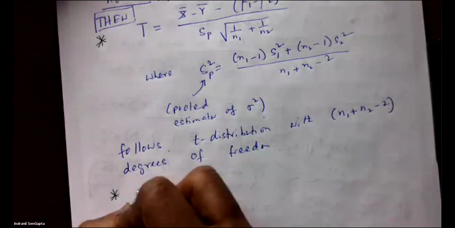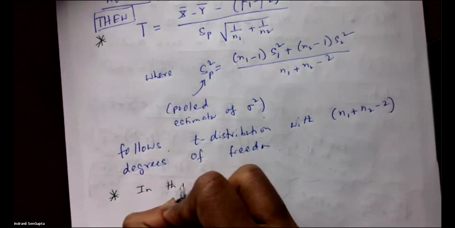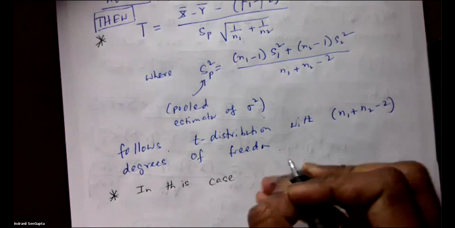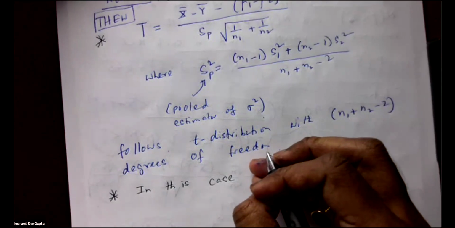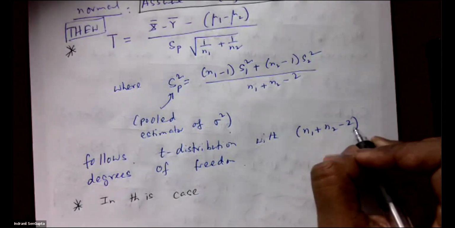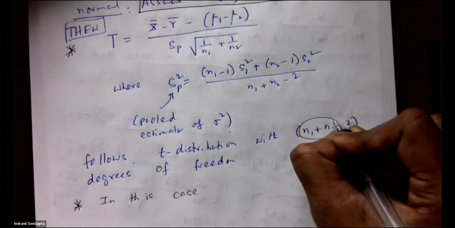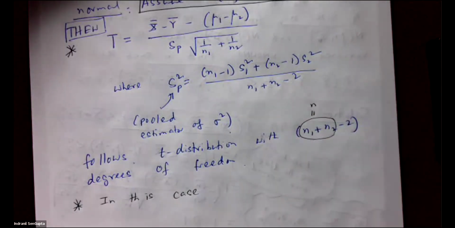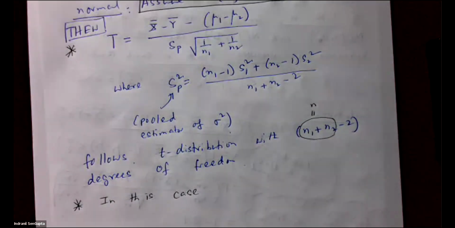And the second remark is, I don't want to write this n1 plus n2 minus 2 all the time, so let's write n1 plus n2 as the total number of samples, which is n.